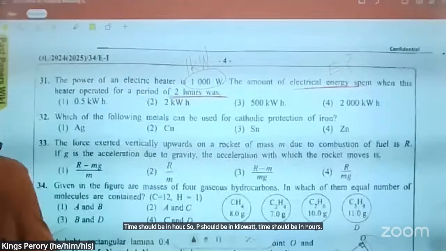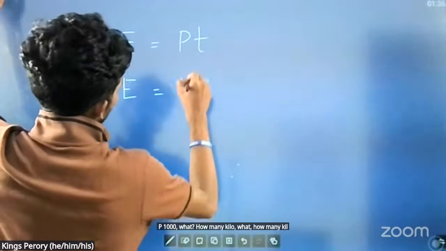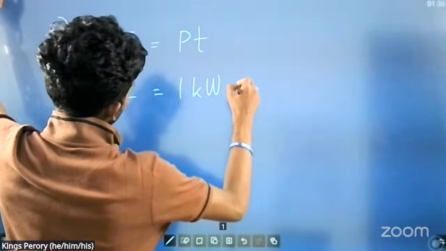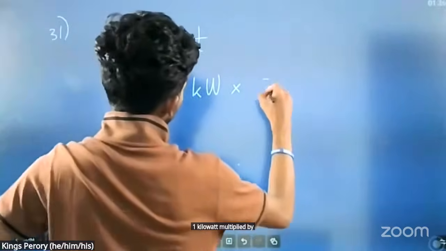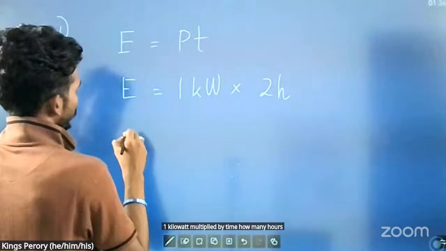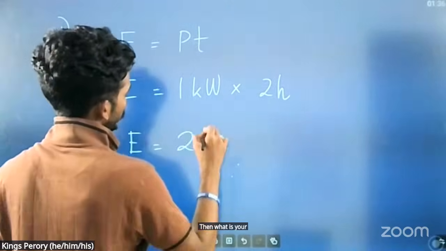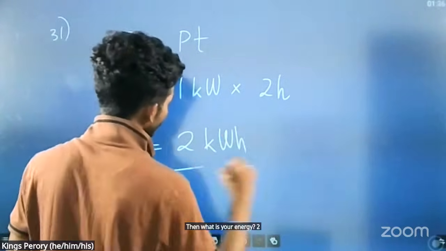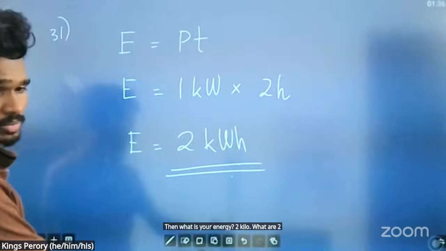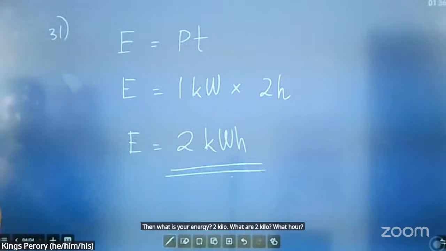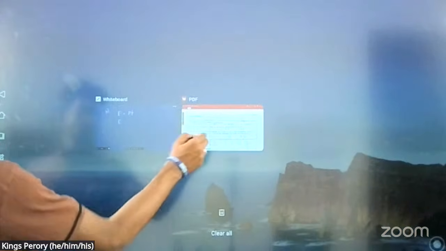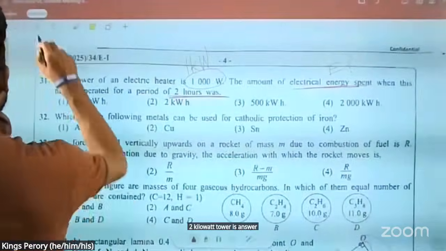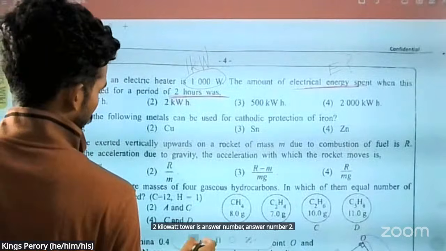P is 1000 watt, how many kilowatt? 1 kilowatt, multiplied by time, 2 hours. Then what is your energy? 2 kilowatt hour. 2 kilowatt hour is answer number 2.